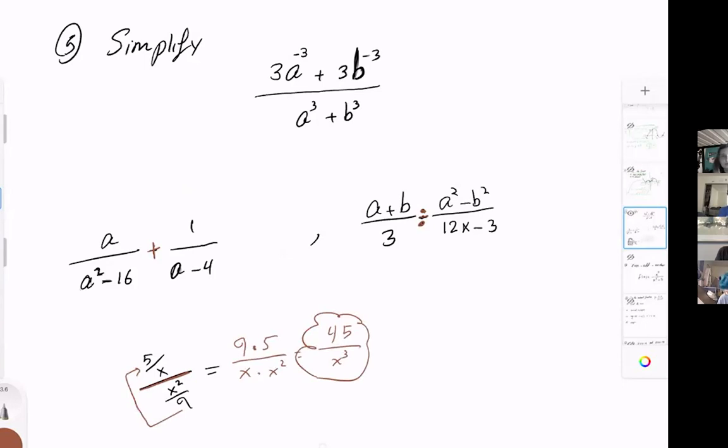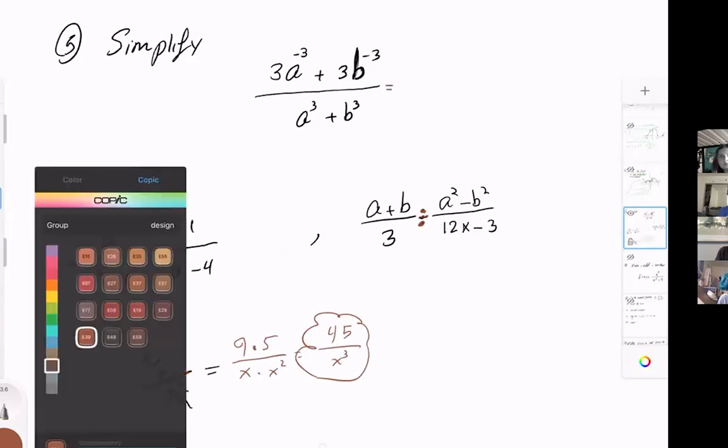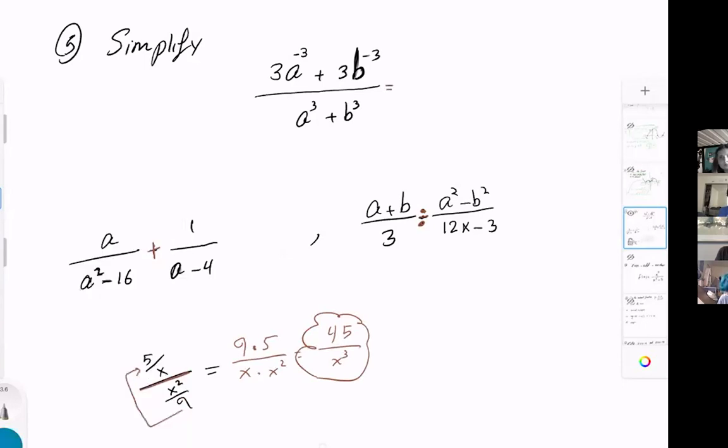For this question, if we have negative exponents, I will make them positive exponents. It will be 3 over a cubed plus 3 over b cubed, over a cubed plus b cubed.